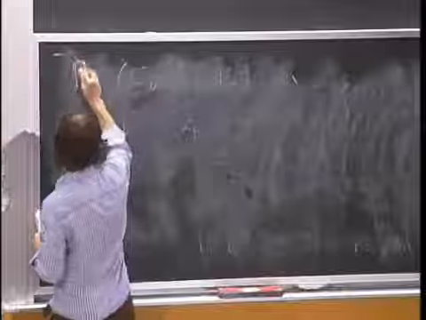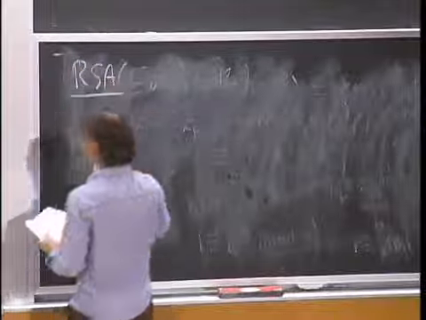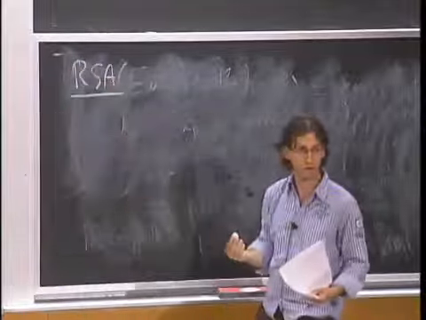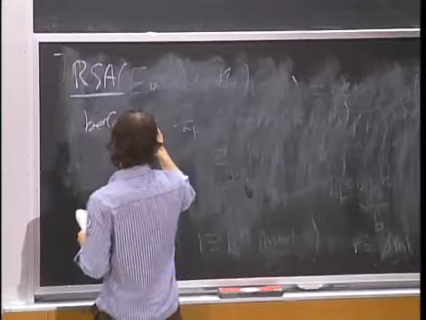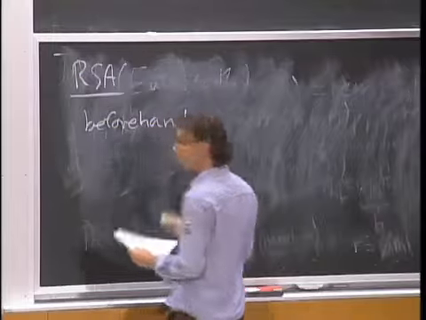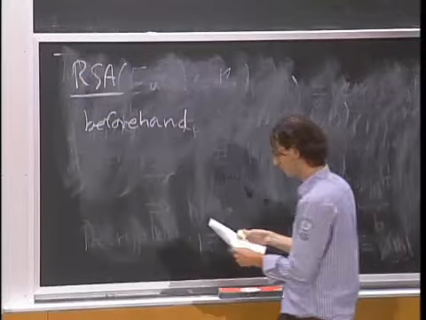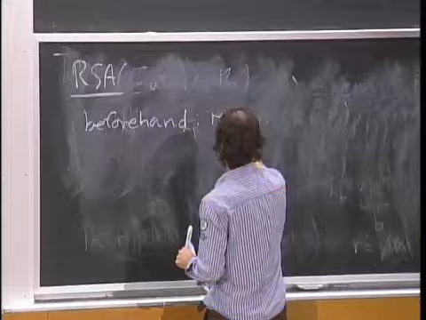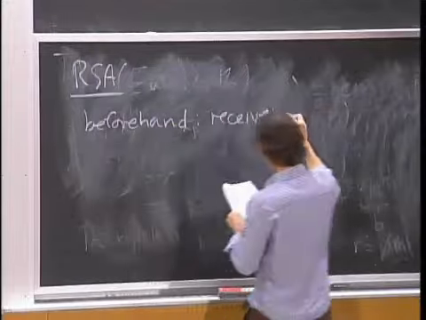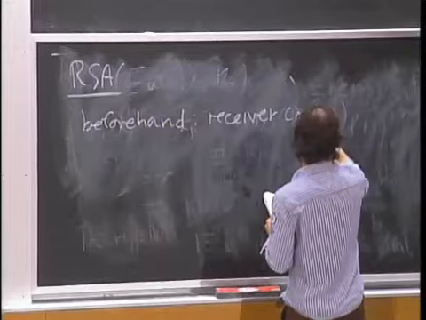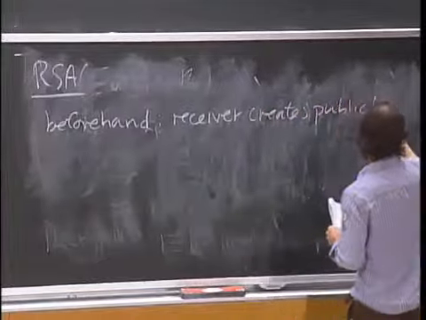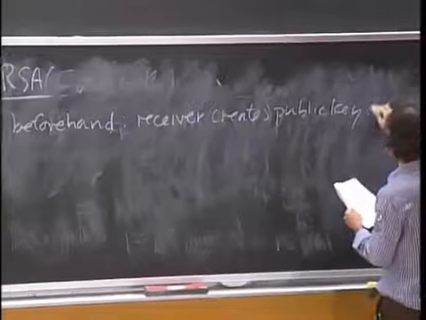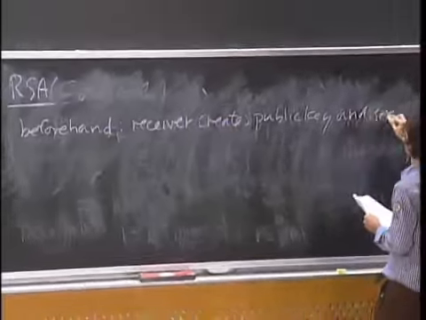So how does RSA work? Again, we have to talk within an encryption scheme about what happens beforehand. So beforehand, we need to generate a public key and a secret key. So the idea is that the receiver creates a public key and also a secret key.